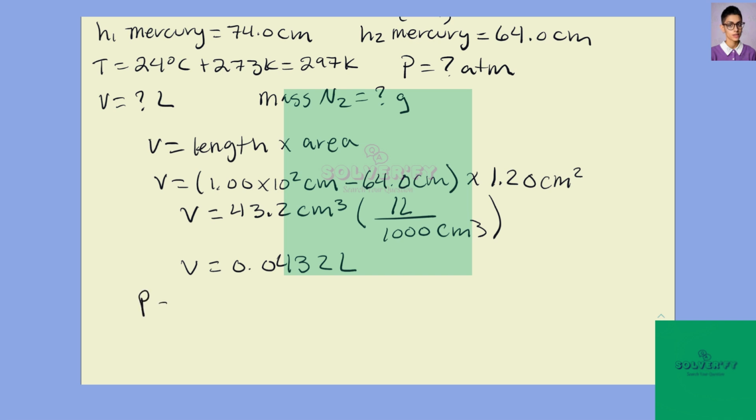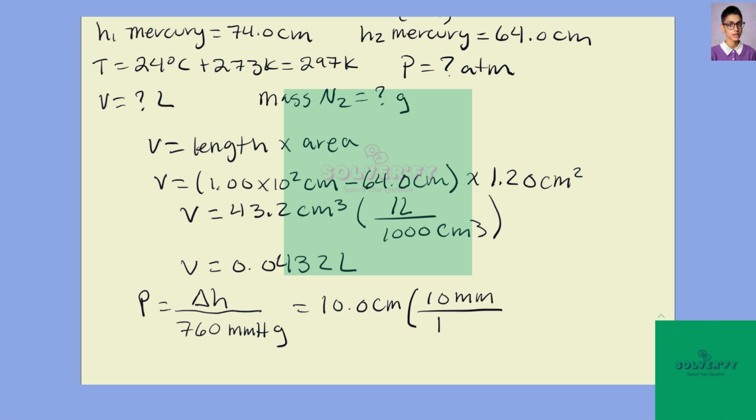So our pressure is going to be equal to our change in height divided by 760 millimeters of mercury. So our change in height is 10.0 centimeters, and we're going to times this by 10 millimeters for 1 centimeter, and then we're going to times this by 1 atmosphere over 760 millimeters of mercury.